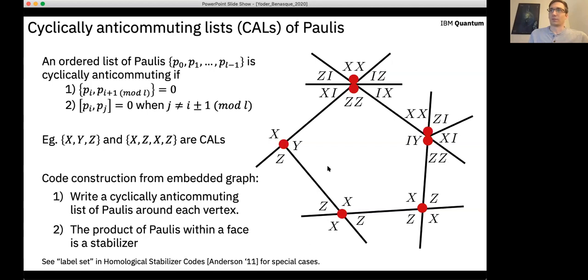So for instance, in this picture over here, there would be one big stabilizer from this face, and it would be Pauli X on this qubit times Pauli Y on this qubit times Pauli Z on both of these qubits at this vertex, and then Pauli Y on one of the two qubits here, and then Pauli X on the qubit here. And I should point out that in this paper, Homological Stabilizer Codes by Jonas Anderson, he defines something called a label set, which is very similar, but it's just for degree 3 and 4 vertices.